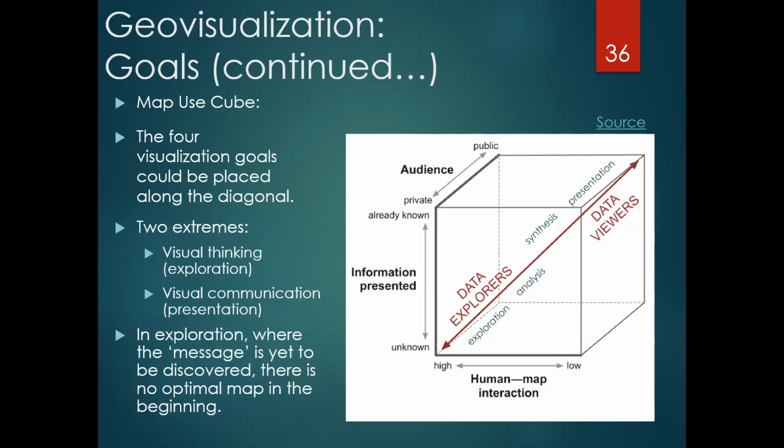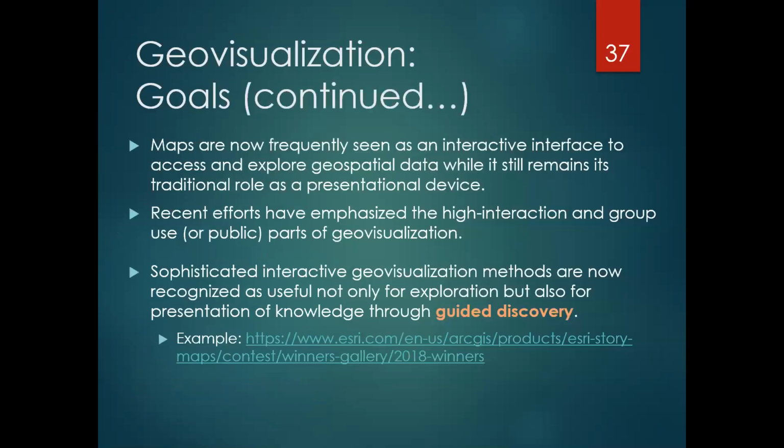But if you're a researcher, doing a geovisualization to explore geographic data, you may need to update your geovisualization maybe every hour because you always have results from your analysis. You will change your attitude, you will change your conclusion depending on the exploration you're doing, right? So that's the reason why there is no optimal map in the beginning. You will always have to optimize it, iterate it, update it, okay?